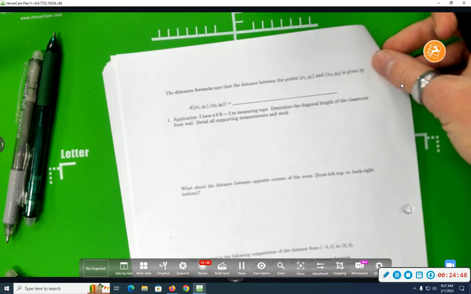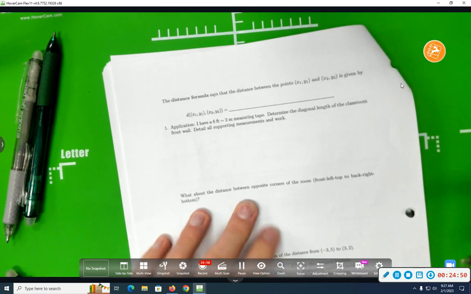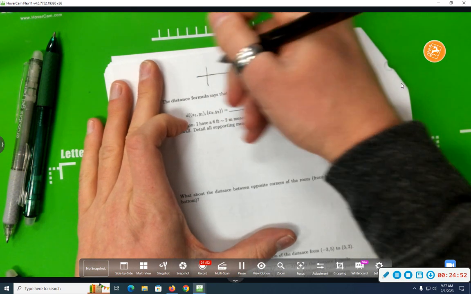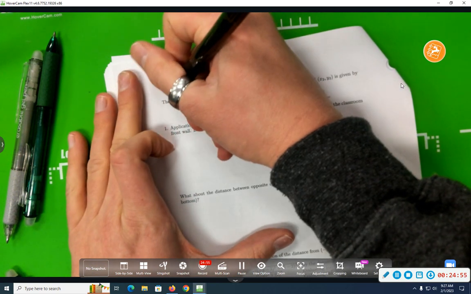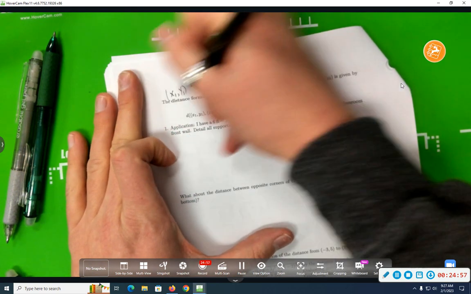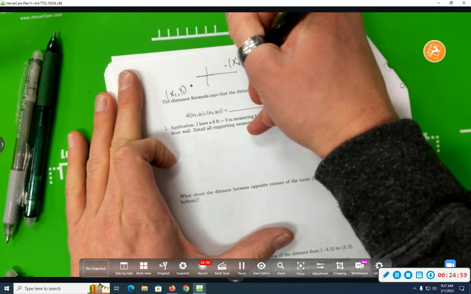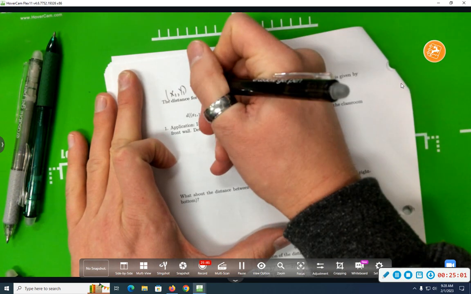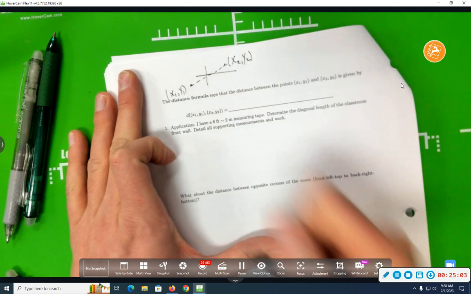If you have any points, x1, y1 in the plane, and x2, y2 in the plane, so maybe a picture is in order. Maybe there's some x1, y1, and x2, y2. You want to measure the distance between them.